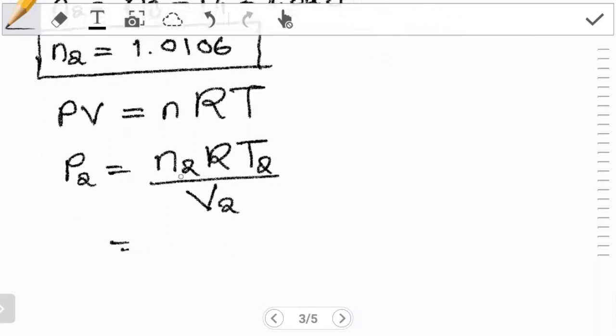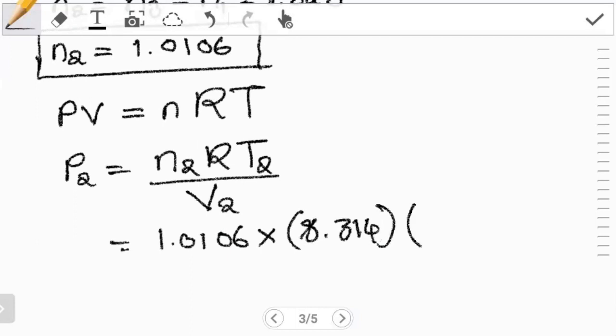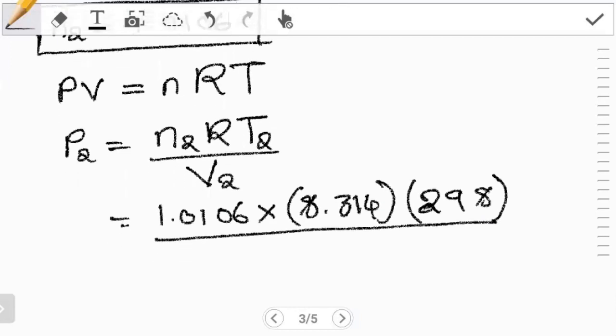So N2, we've just seen what it is. Again, I'm using the full one when calculating here. The constant, that is 8.314, multiplying T2, that's the temperature on the right-hand side, in kelvins, that's 298. And then this has to be divided by V2.